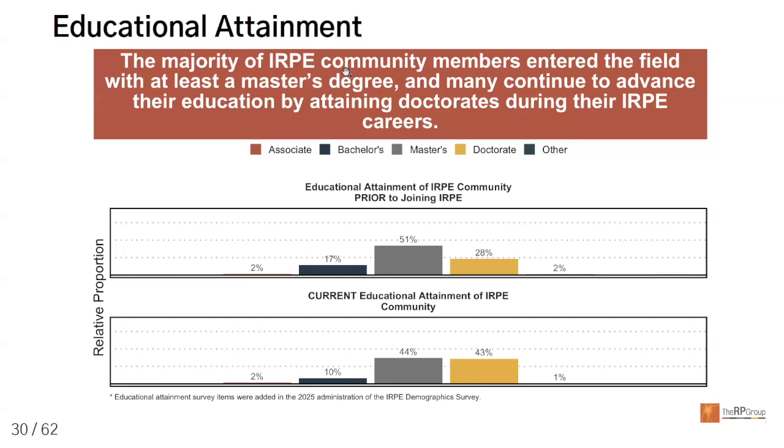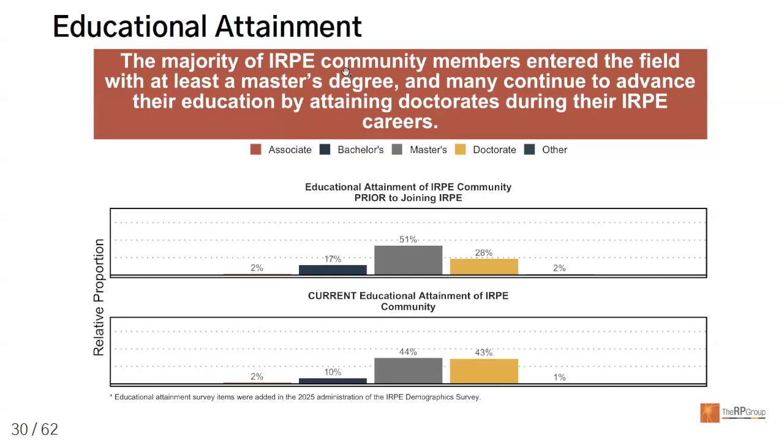So, forward thinking. When it comes to educational attainment, the majority of the IRPE community members entered the field with at least a master's, and they continue to advance their education by attaining doctorates during their careers as IRPE professionals. So as entry level, many of us are coming in with the master's, but definitely progressing while we've been in that role.